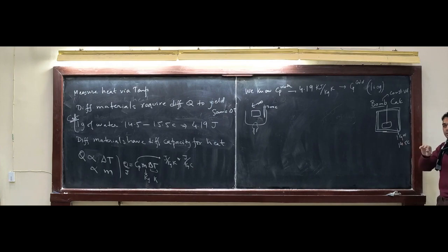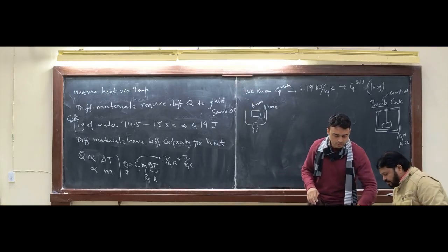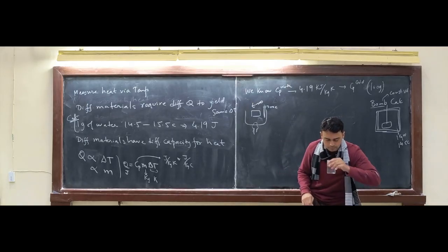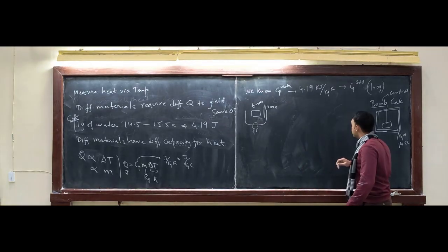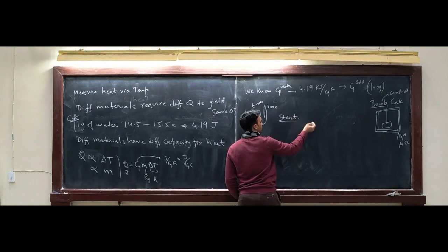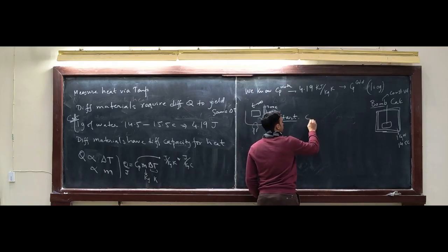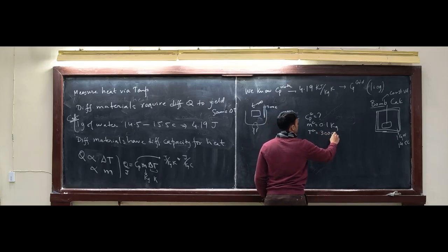So we have to first note down the temperature at the early stage. Let's start our initial time period. CP of gold is unknown. Mass of gold is known, 0.1 kg. What else? T of gold at start is known, 300 degrees Celsius.